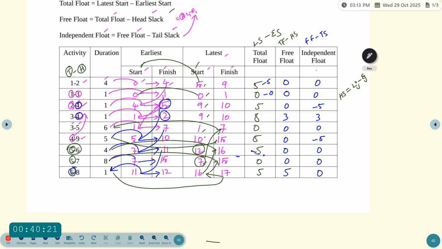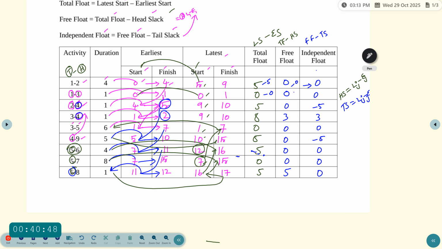Use the free float values. The tail slack formula is also TS equals LI minus EI. First you check the tail slack, which is event 1, so 0 minus 0, which is equal to 0. Similarly, we get all the values 0, 5 and so on.